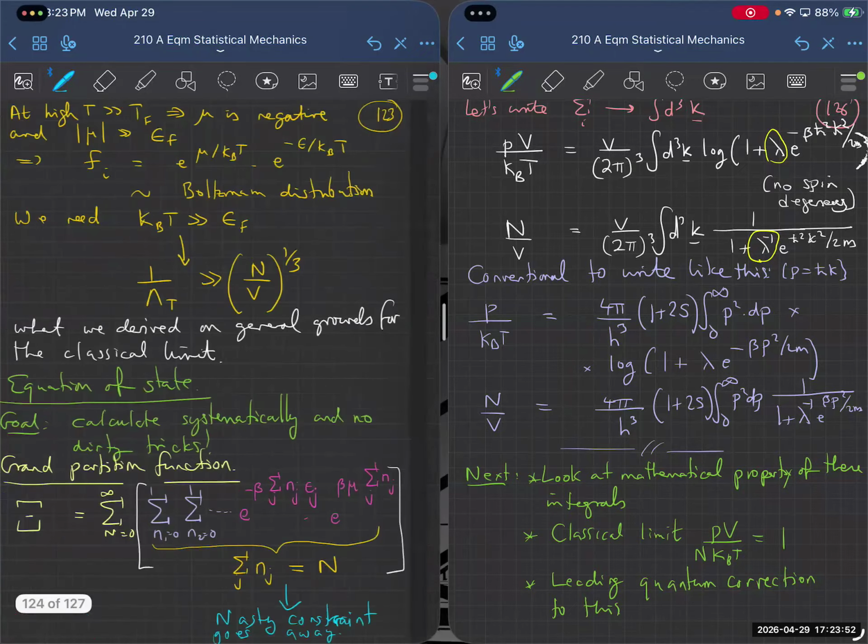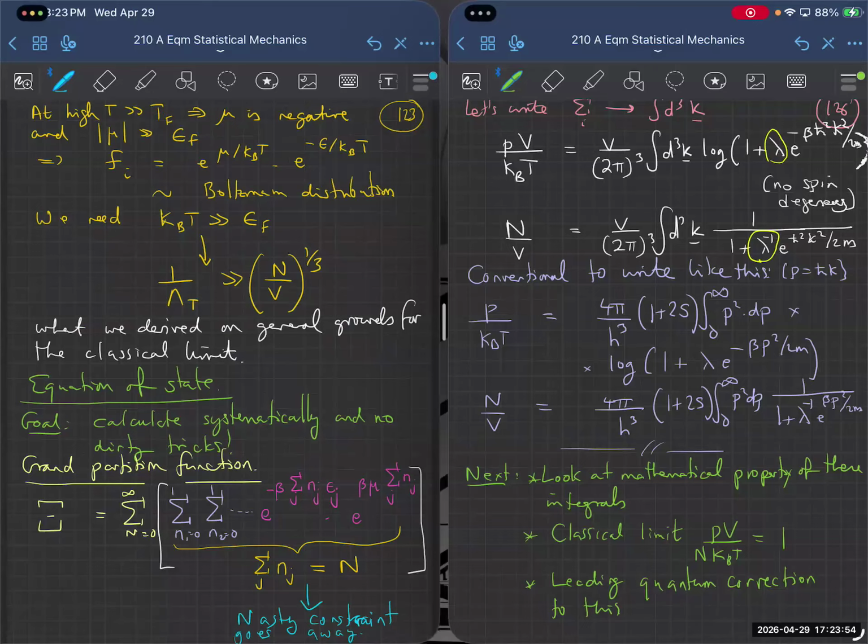Whereas if I look at the left-hand side, inside these square brackets, there's a constraint, right? The sum has to equal N. And when I sum over N, then there's no constraint left at all. There's just an unconstrained sum, and an unconstrained sum is a product of terms.